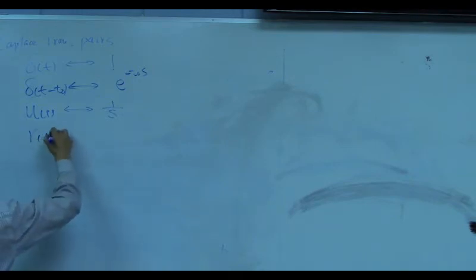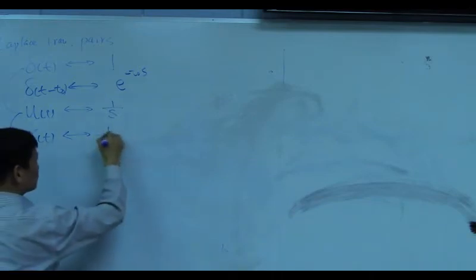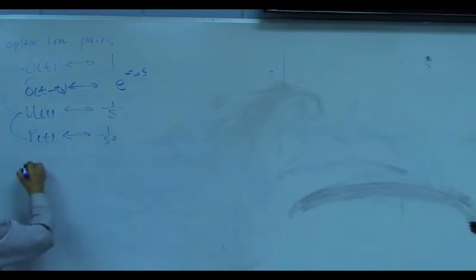r(t). What is this? 1 over s squared. What is t to the n u(t)?